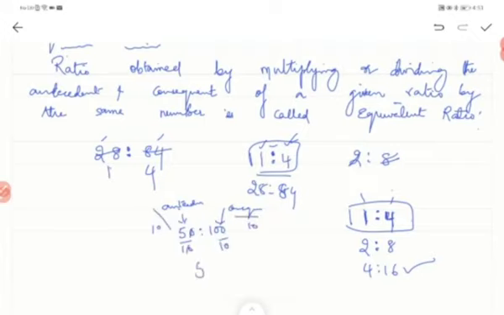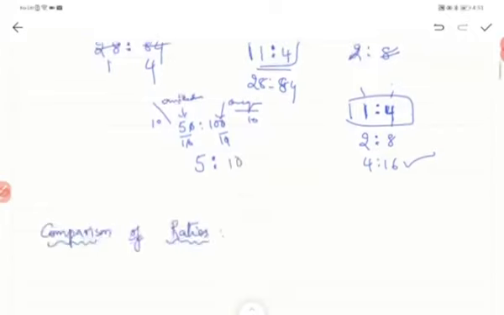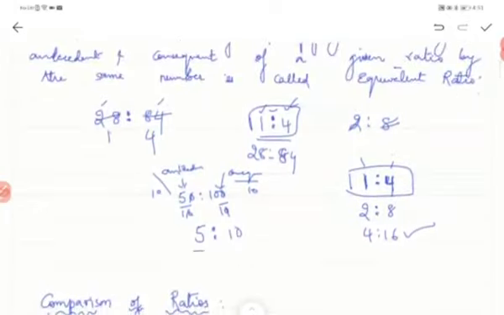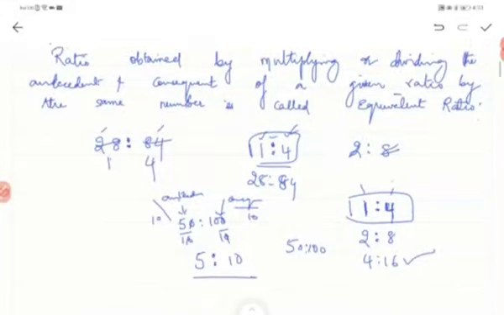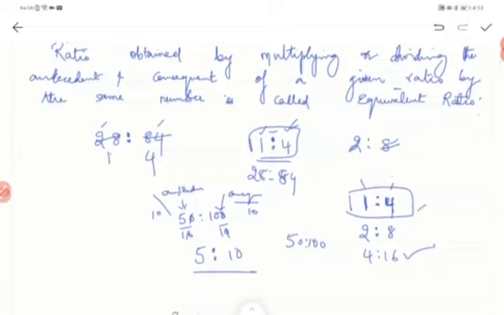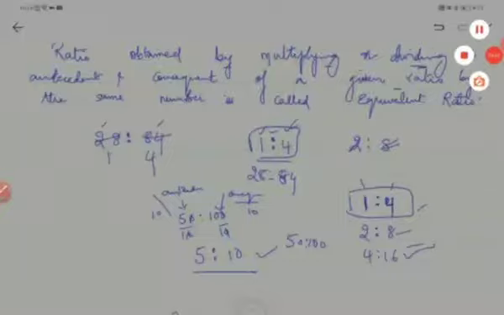So my ratio will become 5 is to 10, the equivalent ratio of 50 is to 100. This is how, by multiplying or dividing the antecedent and consequent of the given ratio, we get the equivalent ratios.